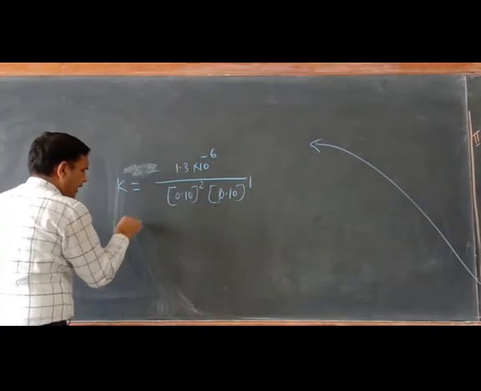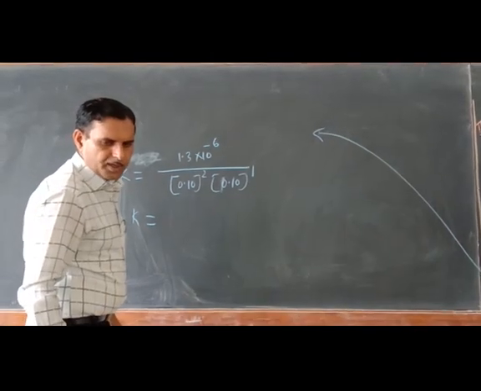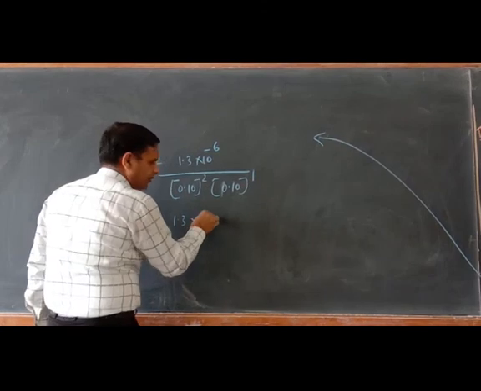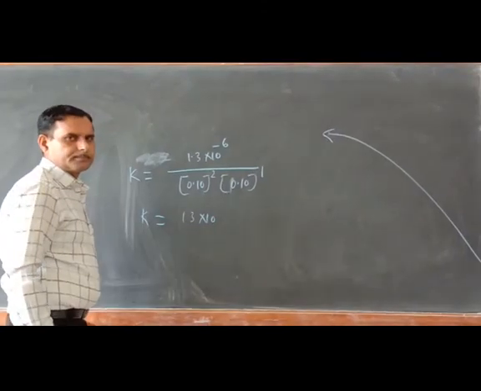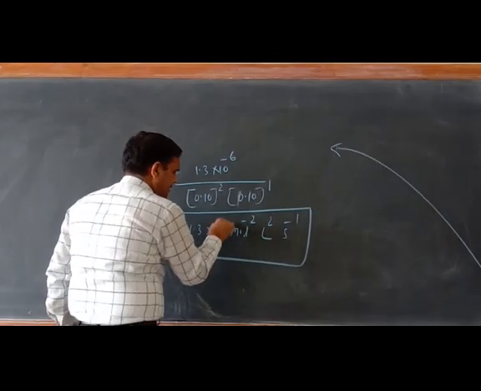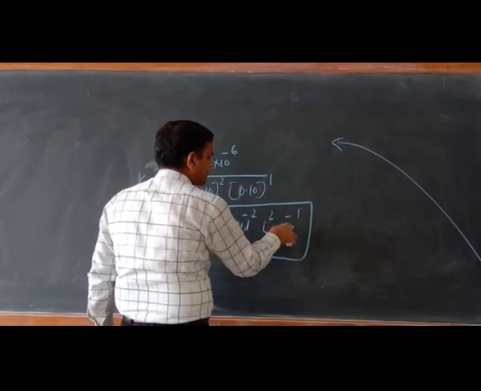So now K equal to, if you solve this one, you will have near about 1.3 into 10 raised to the power minus 3 mole raised to the power minus 2 liter square second inverse you will get.